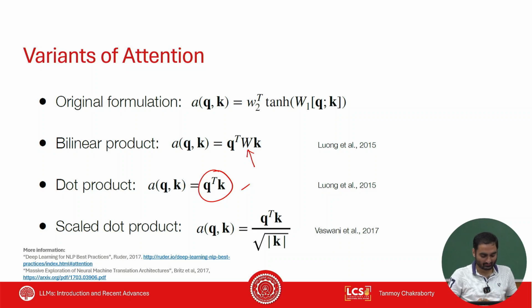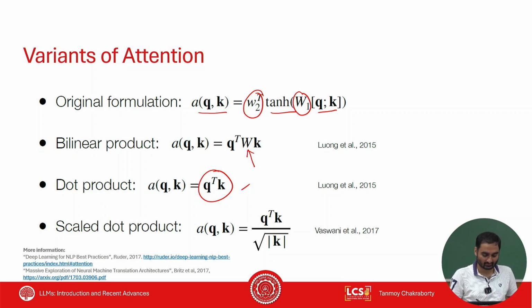You can also think of doing some complex formula. For example, you concatenate the query and value, then pass it through a linear layer, right? Some non-linearity, then pass it through another linear layer. That will give you a vector, right?